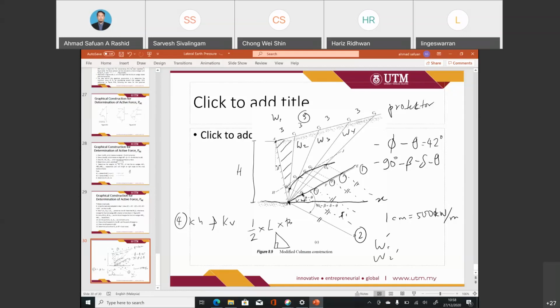Draw a tangent line towards the curve, which we call the G. So this will become the HG. The tangent line should be 90 degrees towards the curve.